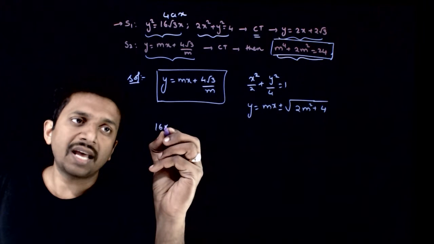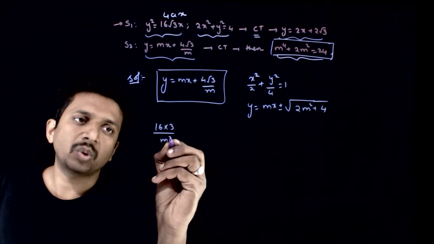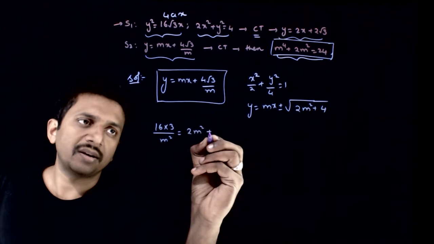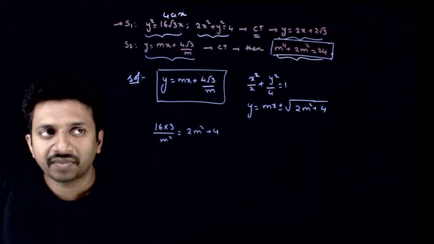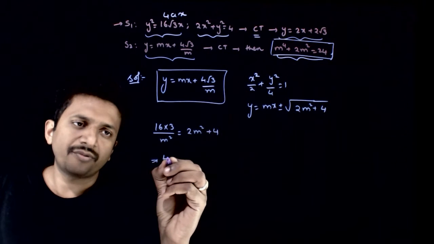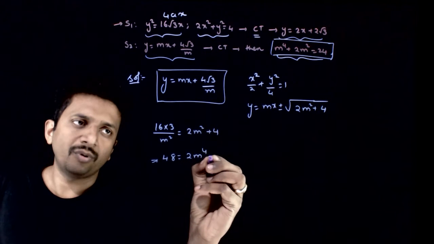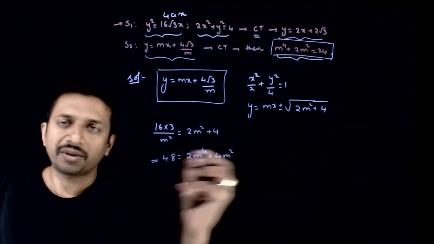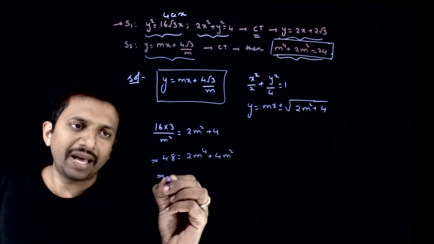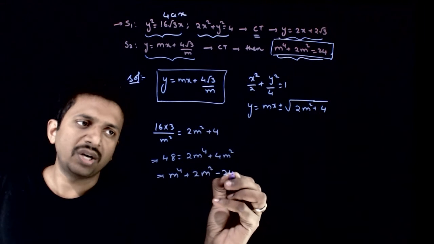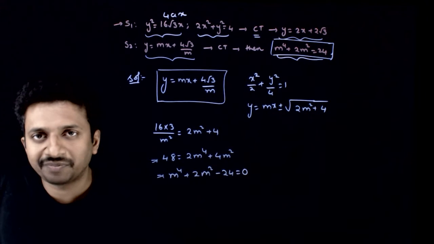So 16 times 3 by m square is equal to, if you square this side, 2m square plus 4. This implies 48 is equal to 2m power 4 plus 4m square. This implies m power 4 plus 2m square minus 24 is equal to 0.